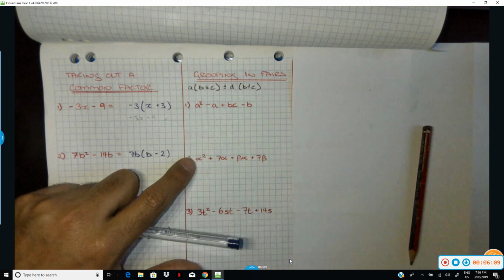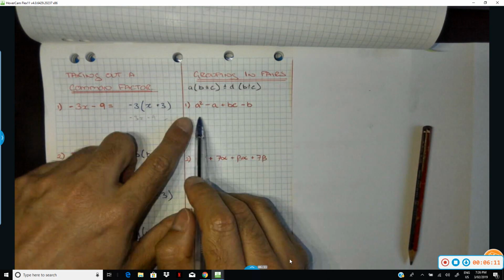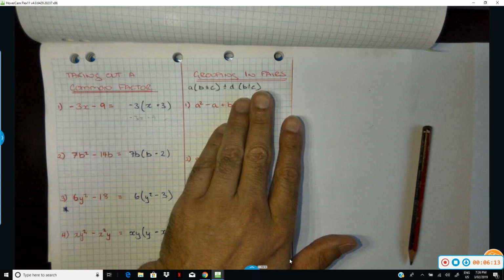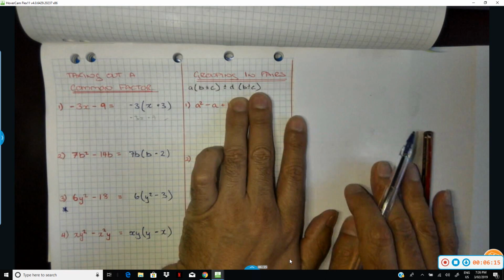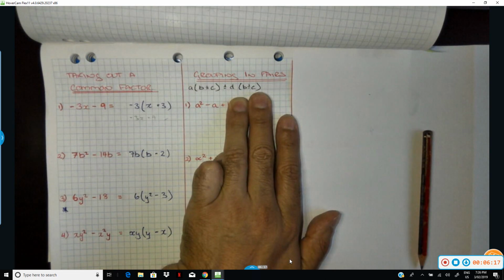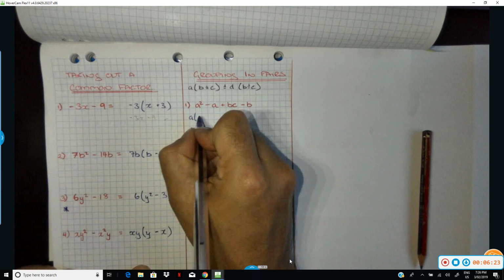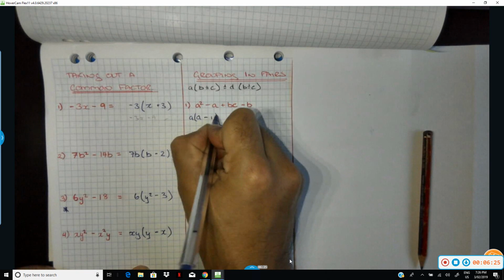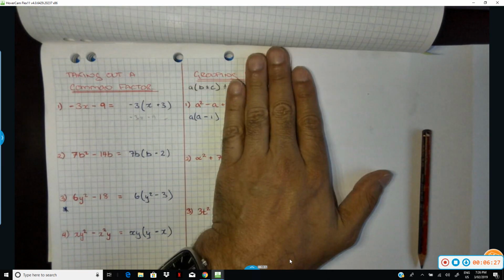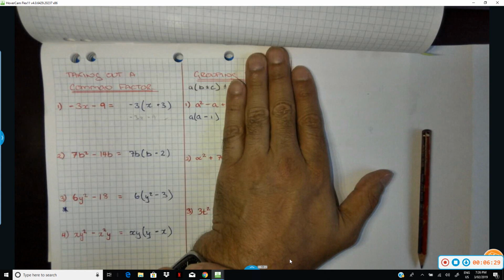Okay, so looking at this example, just using this part, I can see that the common factor of a squared and negative a is a. So if I do that, that's me factorizing, taking a common factor out of those 2 sections.